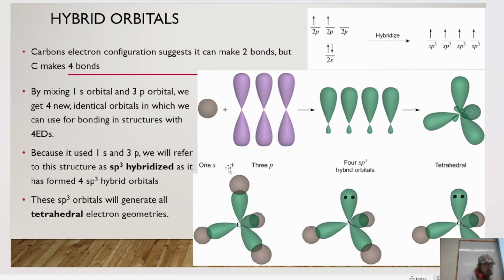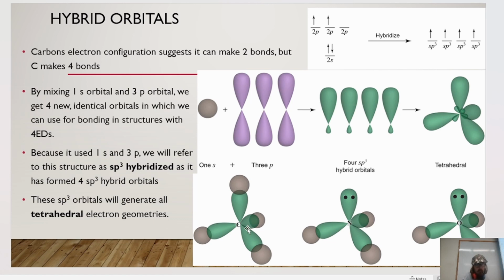Now, because it uses 1 s and 3 p orbitals, these guys are called sp3 hybrids. I combined 1 s and 3 p, and I got s and p3, which tells us they are sp3 hybrids. Makes 4 of them. Every atom that makes a tetrahedral electron geometry is sp3 hybridized.